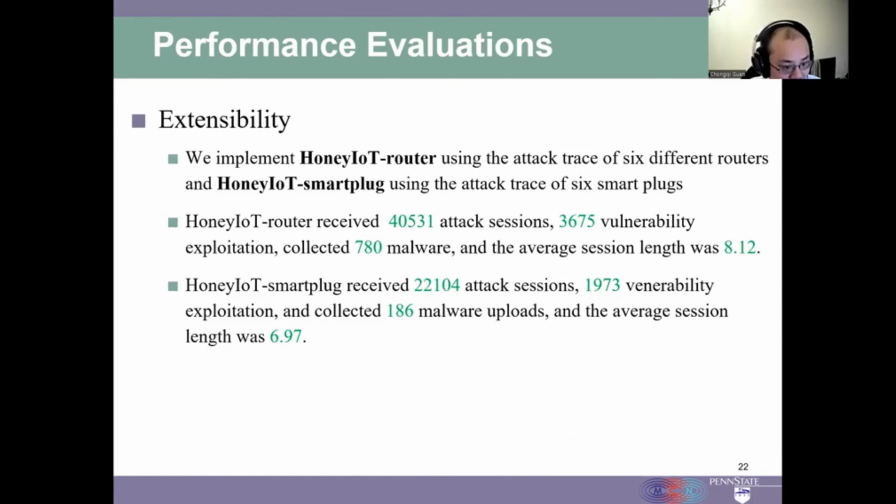In order to evaluate the extensibility of HoneyIoT, we also implement and deploy the router honeypot, the HoneyIoT router, and the smart plug honeypot on AWS, also for 3 months. The experiment setup is identical to HoneyIoT camera.